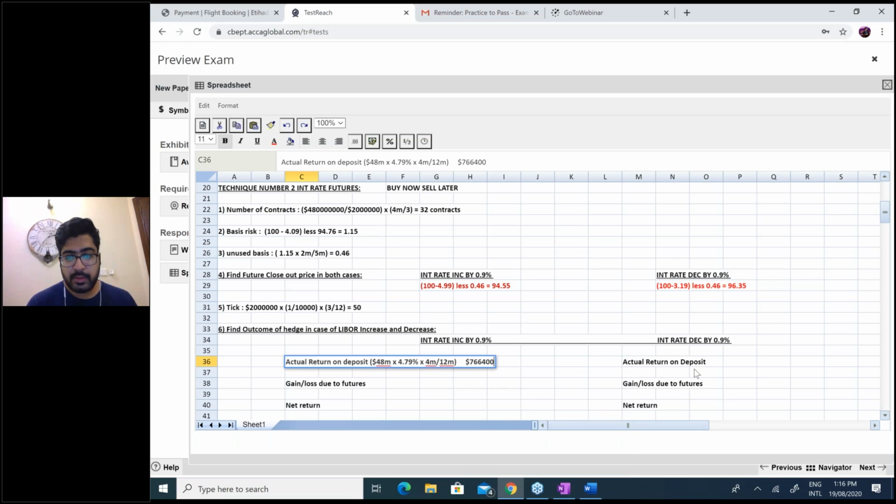Okay, come to this case. Actual return on deposit. What is the deposit amount? $48 million into what is the interest rate? You can deposit at 4.09 less 0.2%, 3.89. If it decreases by 0.9, you can deposit at 2.99% into time period 4 months over 12 months.